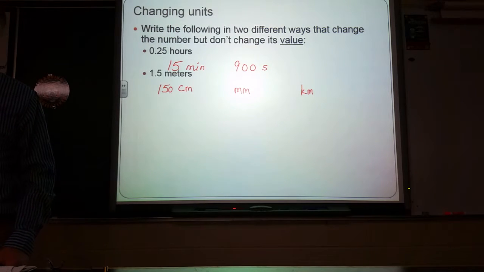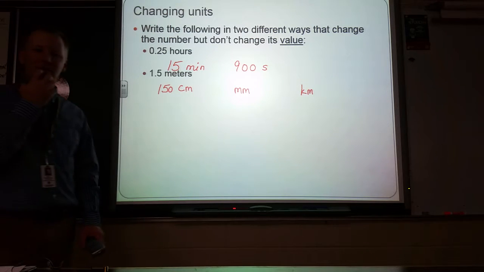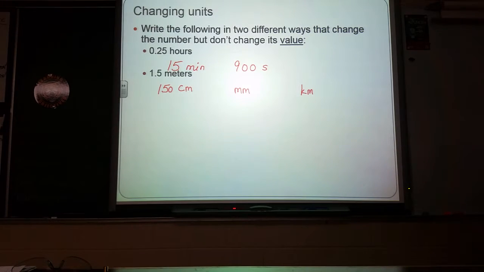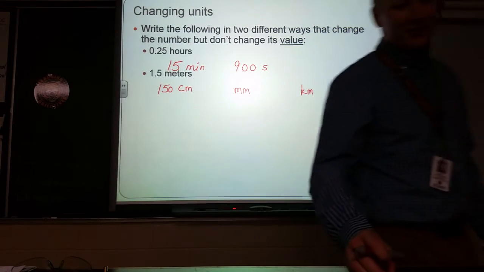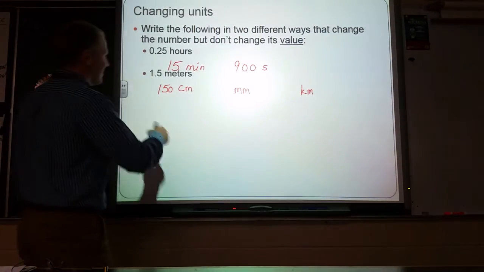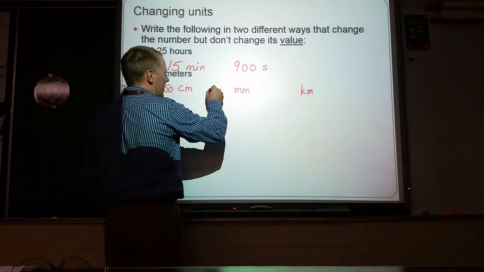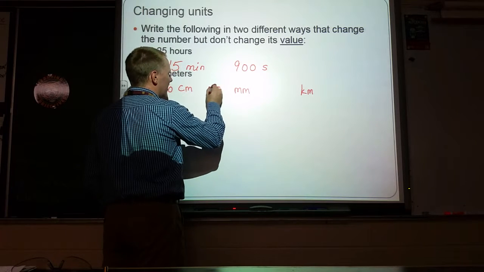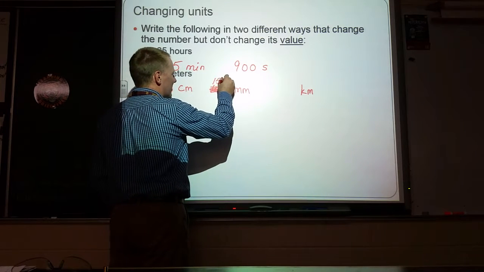How about millimeters? Milli means what? Yeah. 1,500. Milli means 1/1,000, so there'd be 1,000 per meter. Can't erase that.